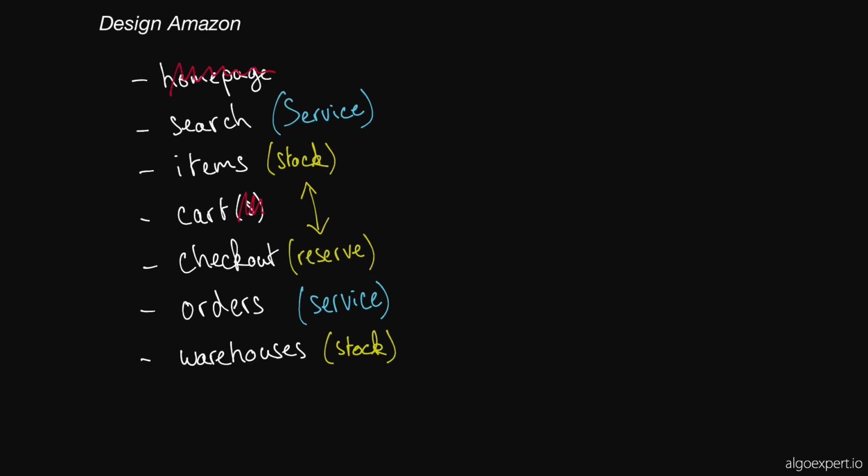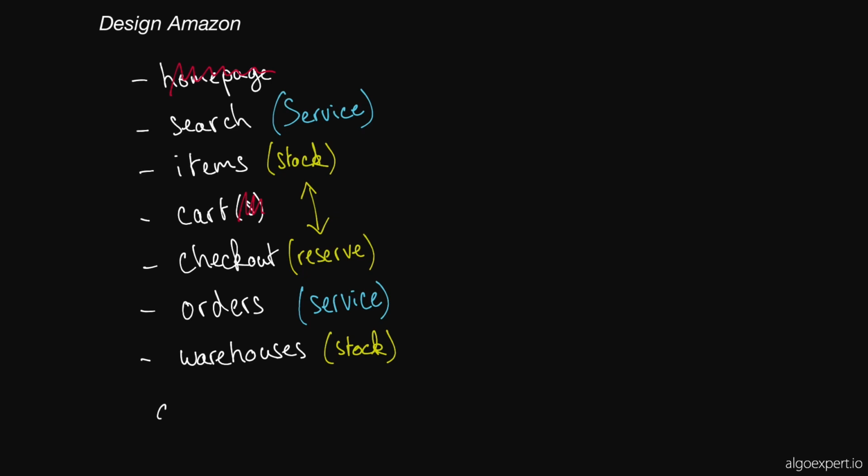And so here, our interviewer is going to say that for the sake of this design, we can assume that all of the regional Amazon stores, like Amazon.com, Amazon.in, are effectively entirely separate but identical businesses. And so we just have to design one of them, let's say Amazon.com.